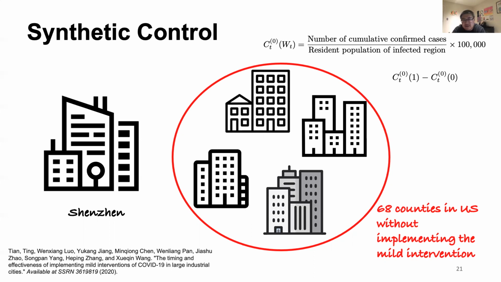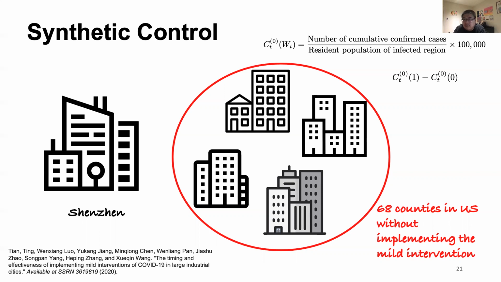And the authors use cumulative numbers of confirmed cases of COVID per 100,000 persons in the population that could be observed at time t, whether the intervention was implemented or not. Here t is the time and W_t is a group indicator. So W_t equals 1 means the MPI is implemented, and W_t equals 0 means not.